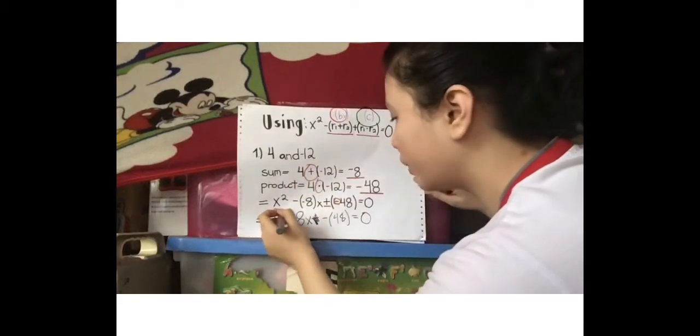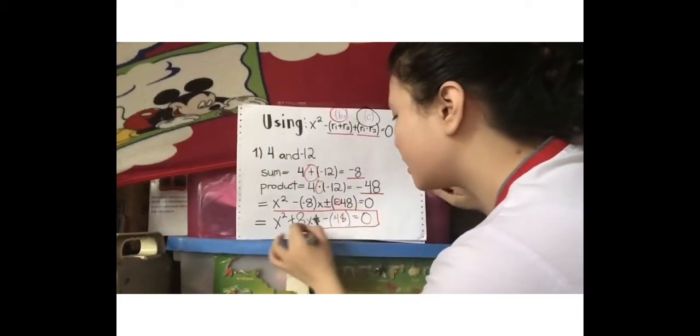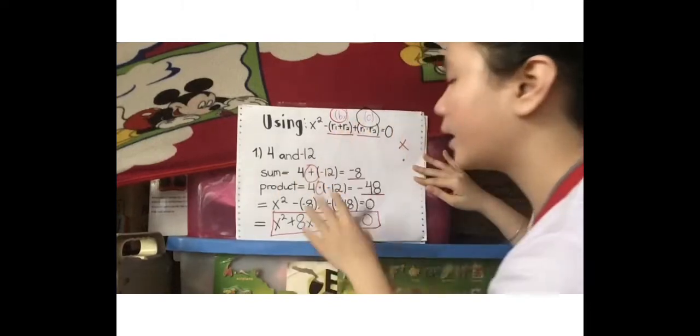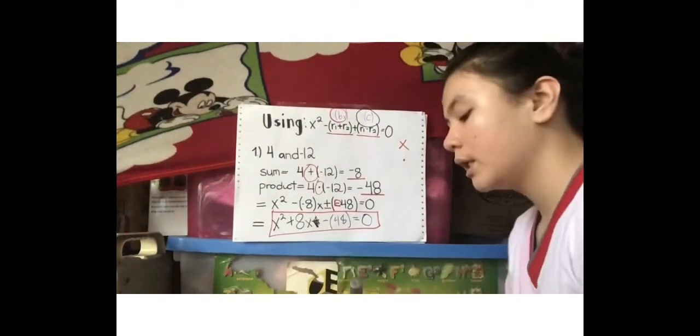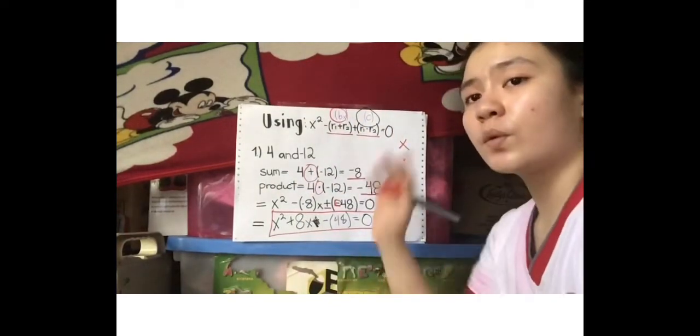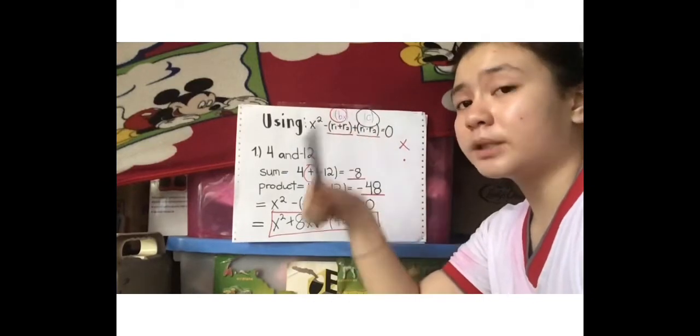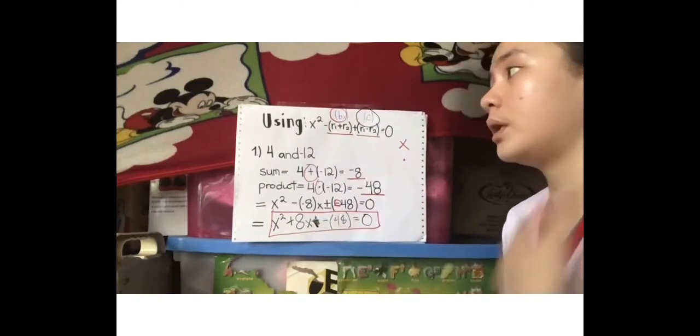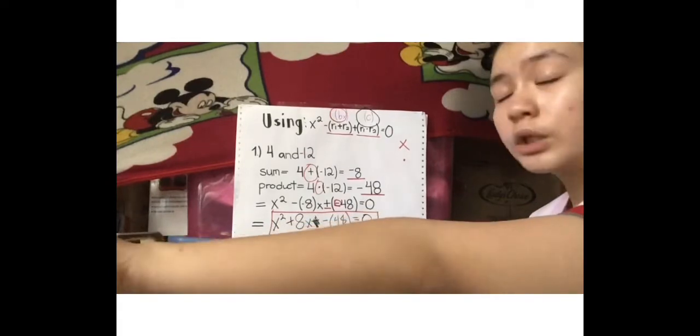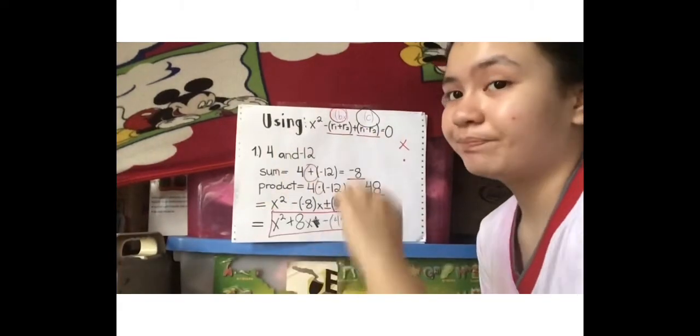So box out your final answer, and this is going to be your answer, as I said. Now, allow me to pause this video for a while, and then we'll be moving on to the second example.